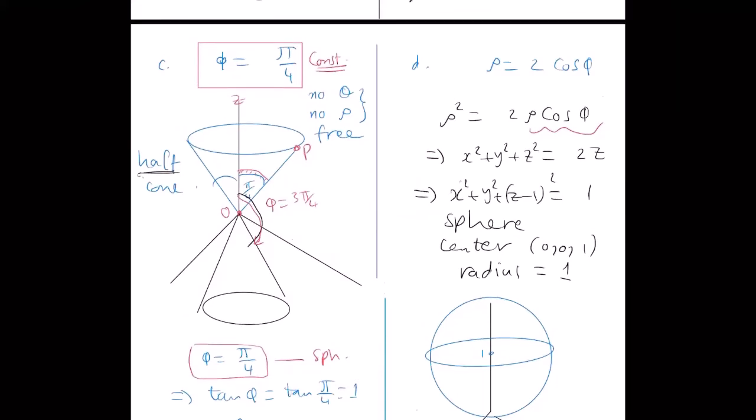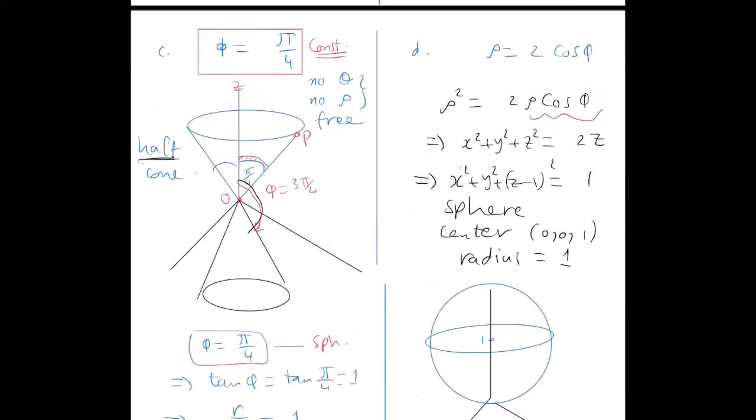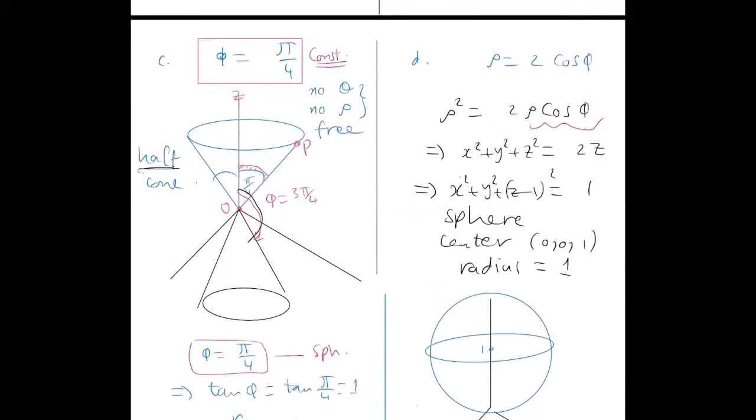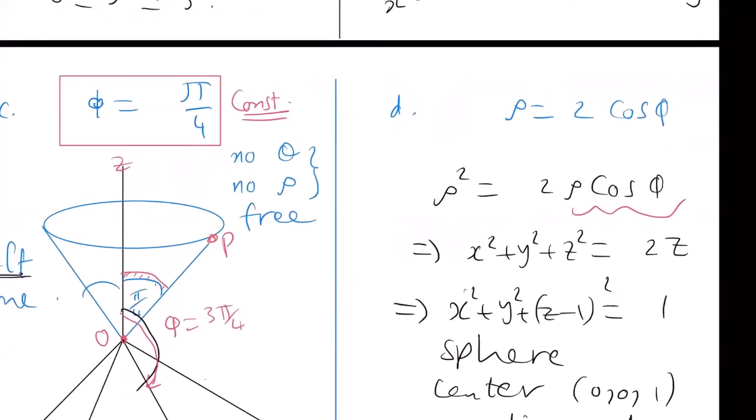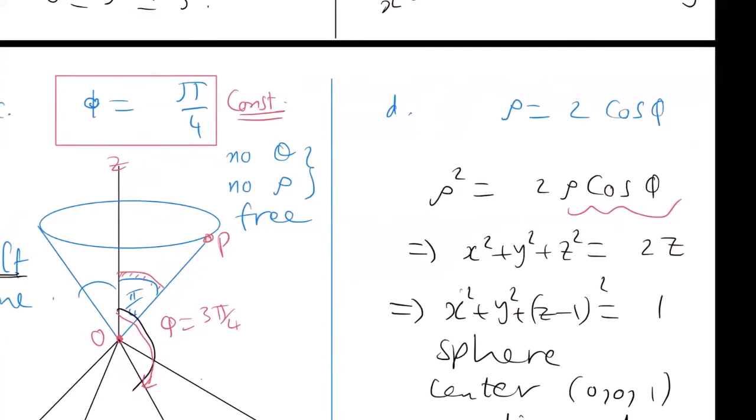Okay. Another equation, which is very important as well, because we studied it before in cylindrical: rho equals 2 cosine phi. There it was r equals 2 cosine phi, now rho equals 2 cosine phi.